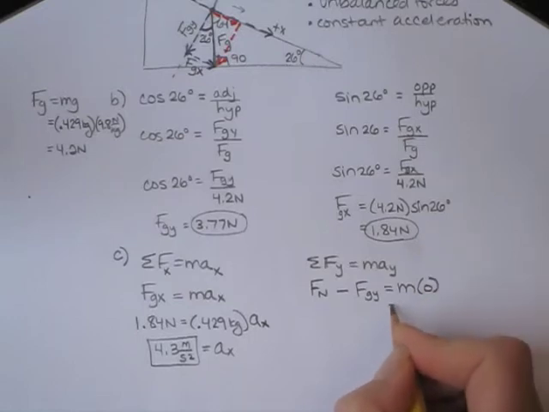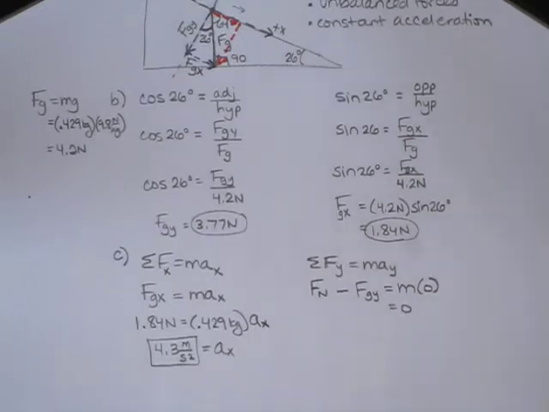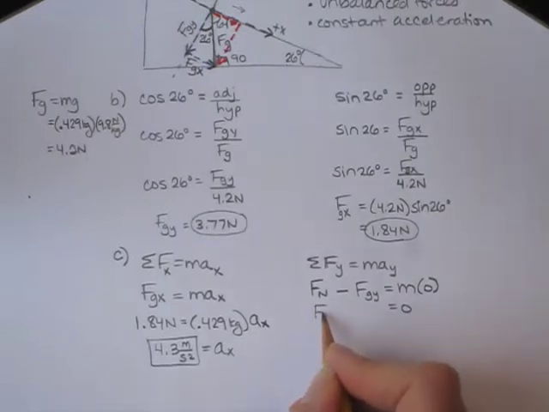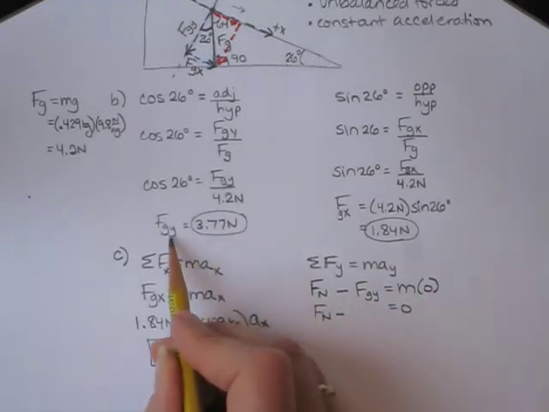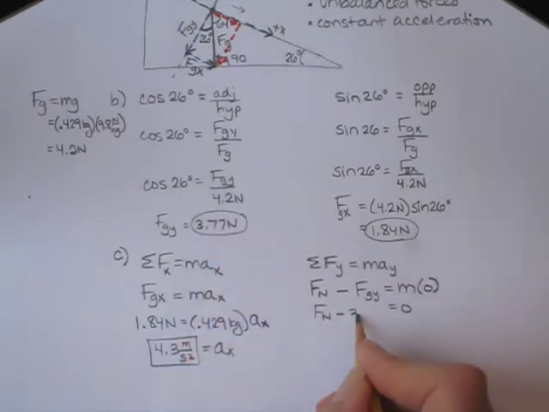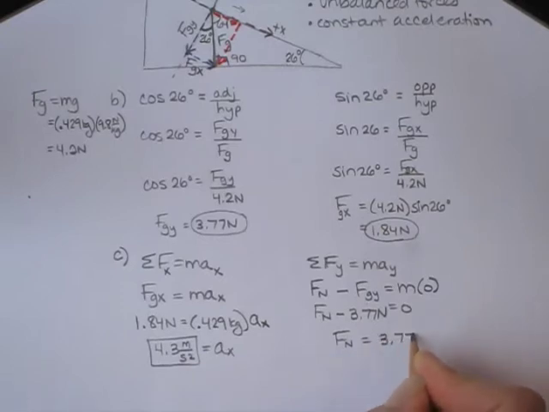That's going to be 0 because the vertical forces are balanced. So substituting what I know, Fgy, that's the y component of the force of gravity, which was 3.77 newtons. So the normal force equals 3.77 newtons, or 3.8, being a little more careful with the significant digits.